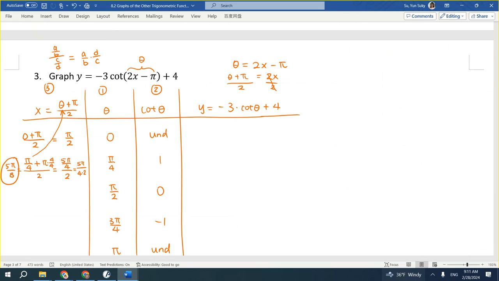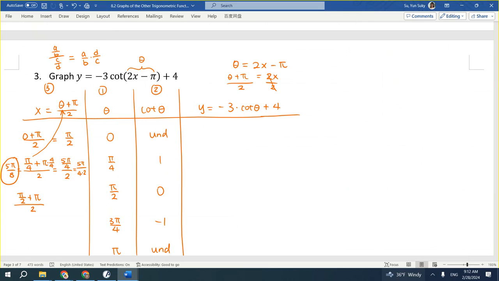Everybody clear how we get this number? Yes? We plug in the theta, the pi over 4 here, then we get this number. Continue. So theta is pi over 2 now. So we plug in the formula: pi over 2 plus pi, and then over 2.